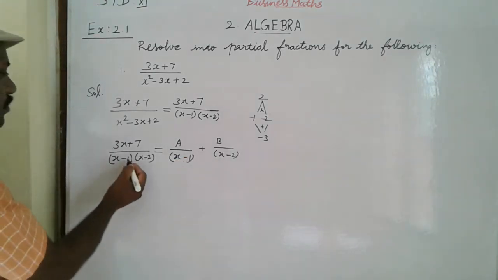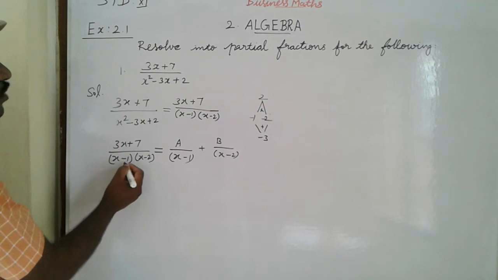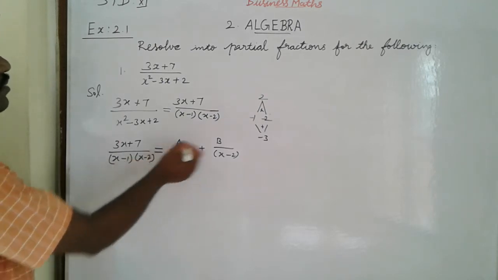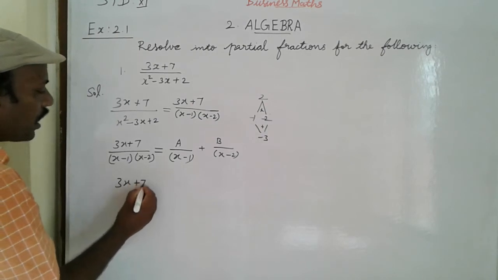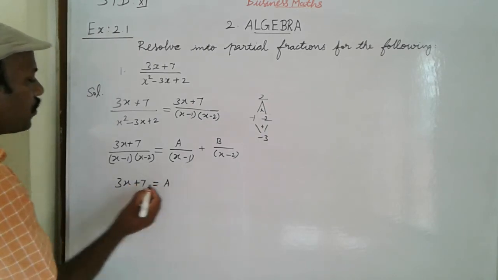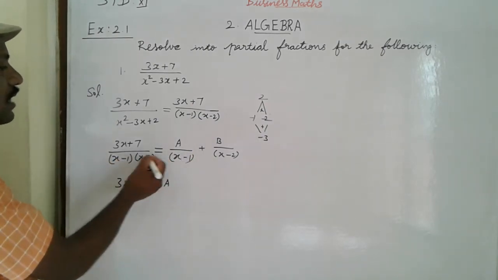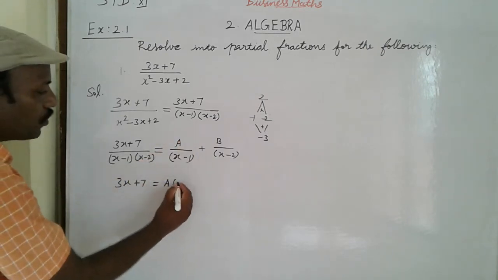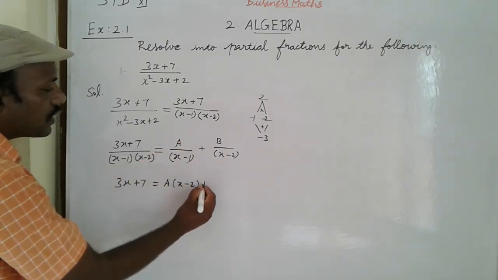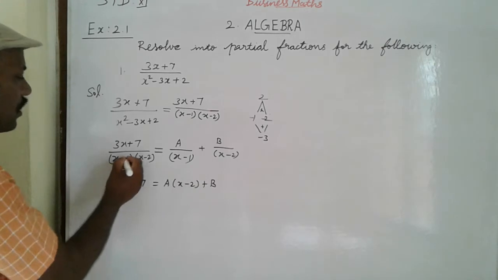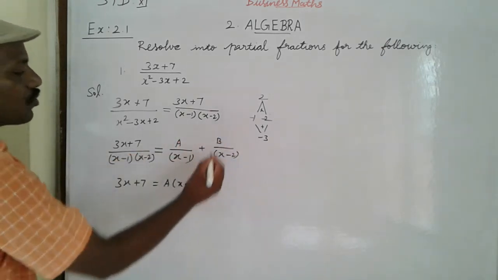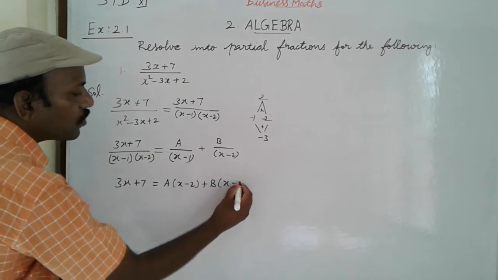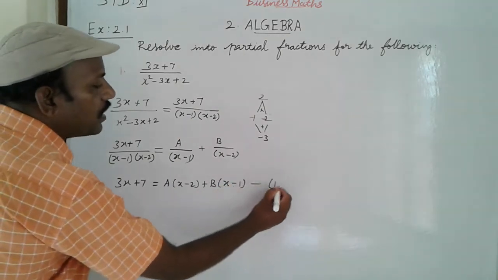Now cross multiply: 3x + 7 equals A into (x − 2) plus B into (x − 1). This is equation number 1.